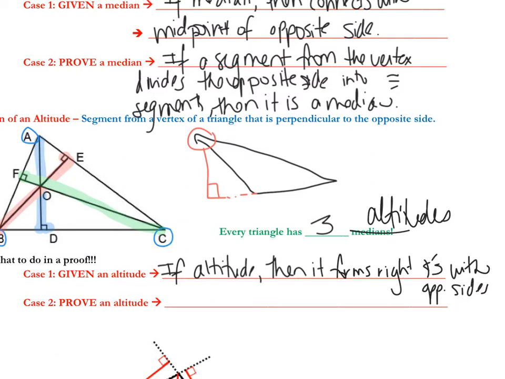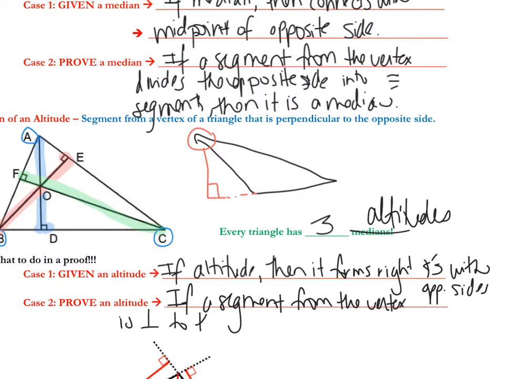And then to try to prove an altitude, same thing, kind of what we said above for the median, that if a segment from a vertex is perpendicular to the opposite side, then it is an altitude.